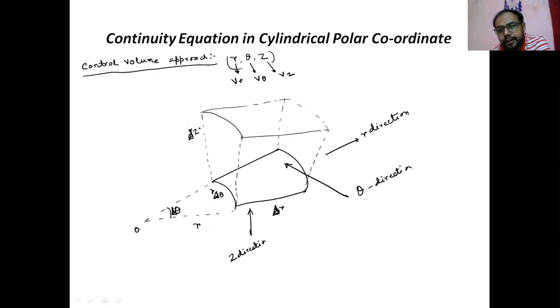Here, what is the mass flow rate? Radially means this direction we are going. Mass flow rate is density times vr times this area. The area is r d theta times dz, that is, r del theta.